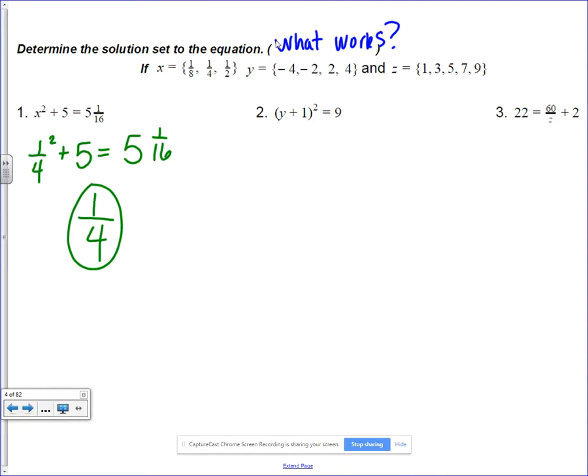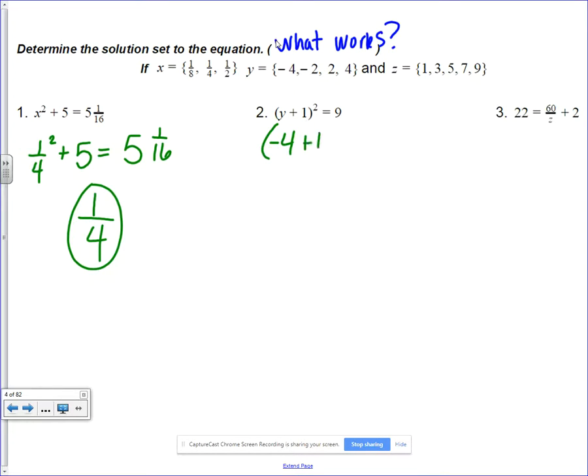Okay. Number 2. Now I have to choose things for Y. Somebody want to take a guess on what the solution for Y would be there? What number do I need to plug in for Y to make it equal what I want it to equal over there? Say it again. -4. You guys ready?